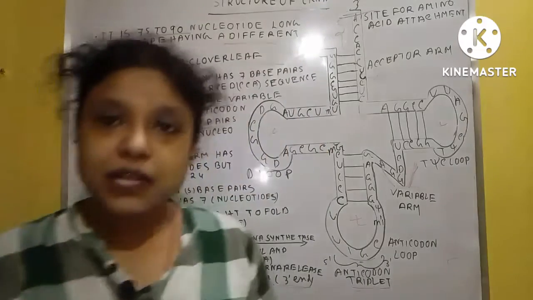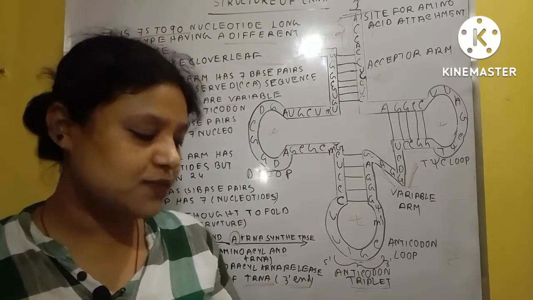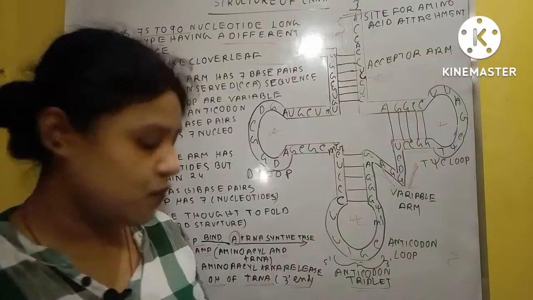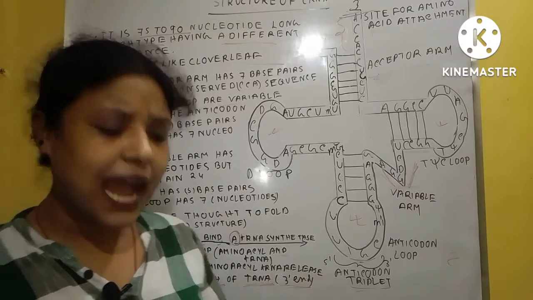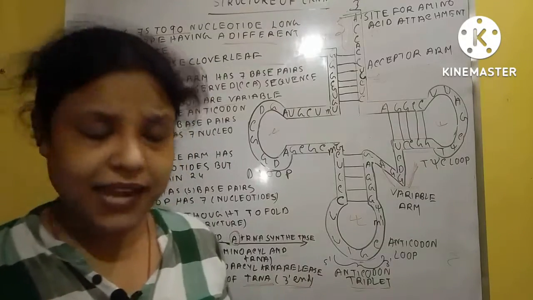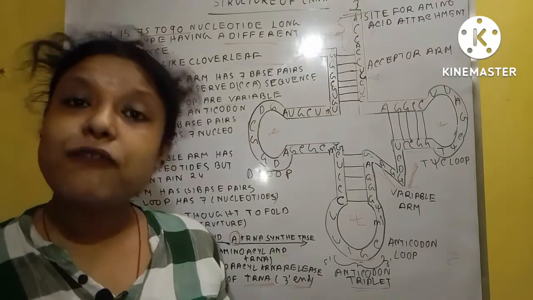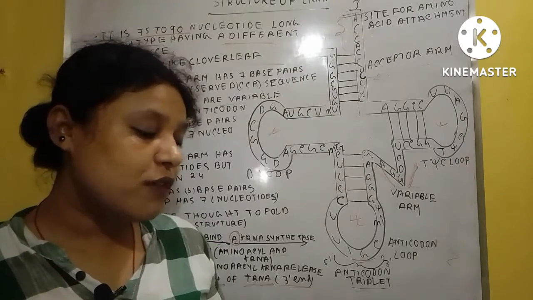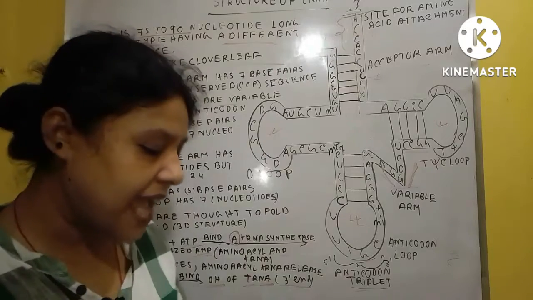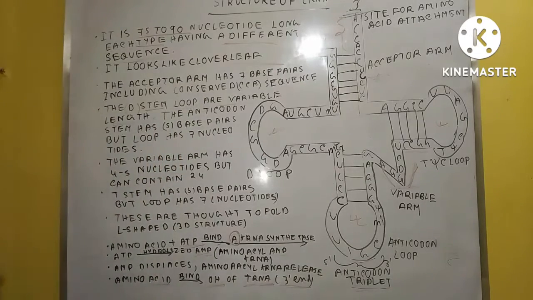So the covalent linkage is formed with the 3' hydroxyl group or the 2' hydroxyl group of the ribose of the adenine nucleotide.